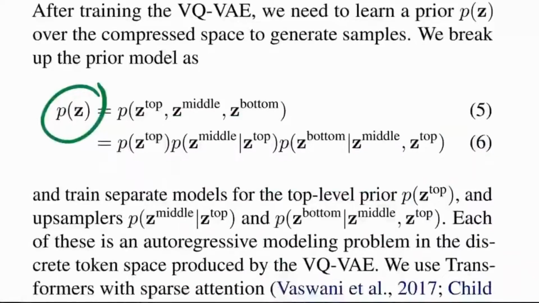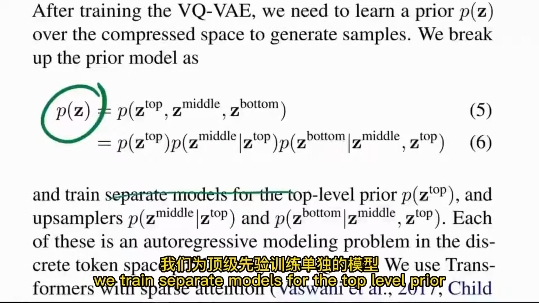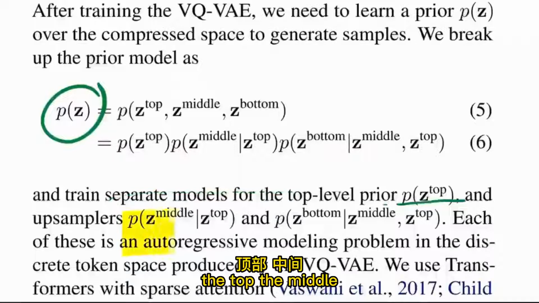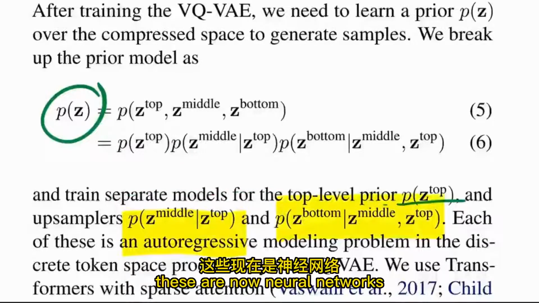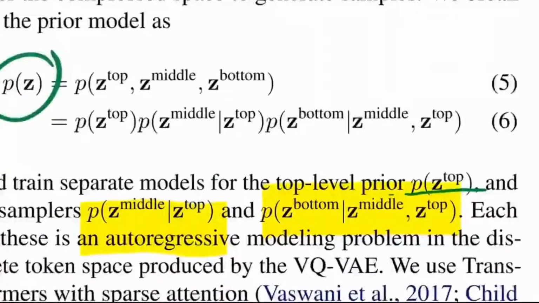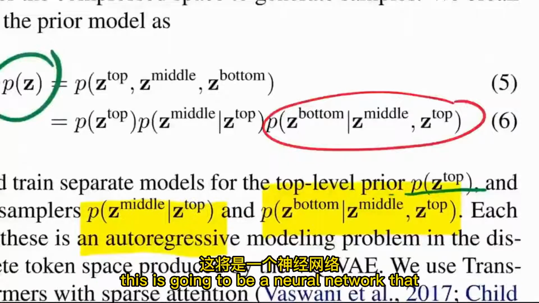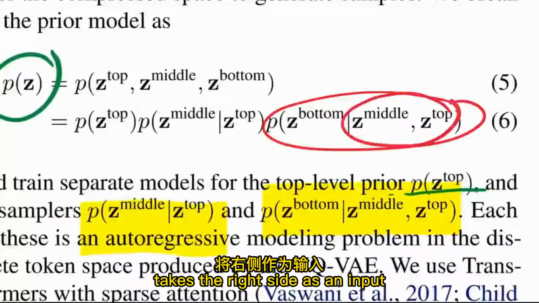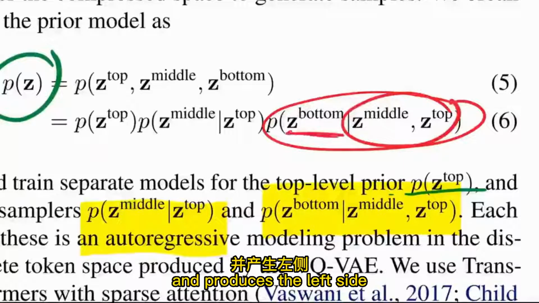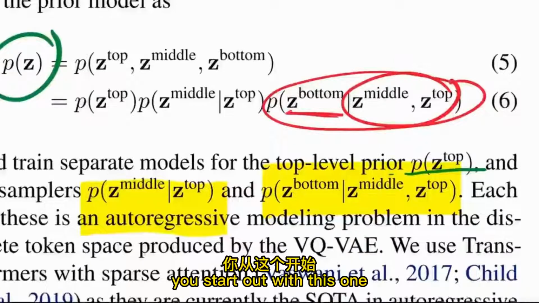And then, they say, we train separate models for the top level prior Z top, the middle, and the bottom. So what that means is basically these are now neural networks. If you read something like this in a paper, this is going to be a neural network that takes the right side as an input and produces the left side, right? So you start out with this one.